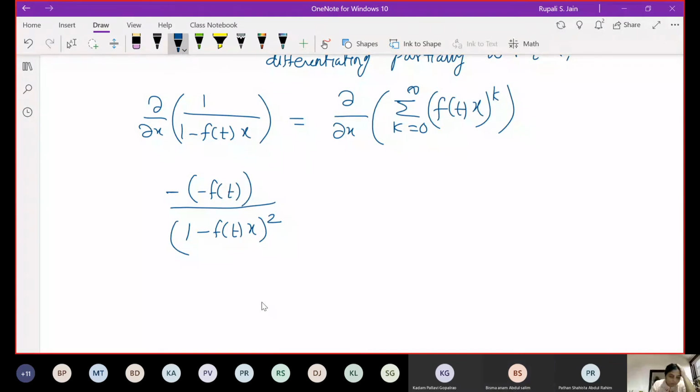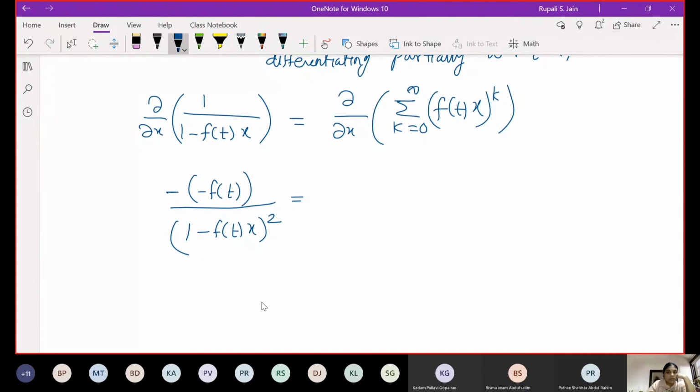What is now ∂/∂x of this series? What is the first term? f(t) into x raised to 0 means 1.